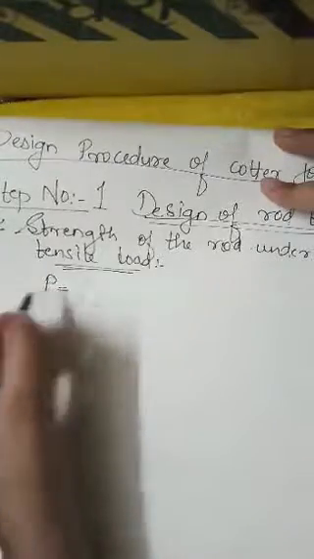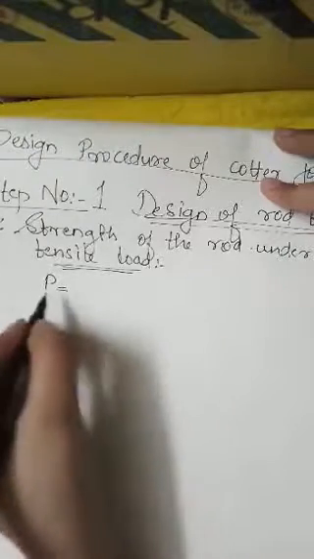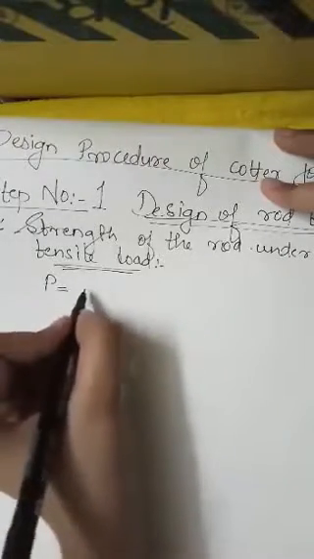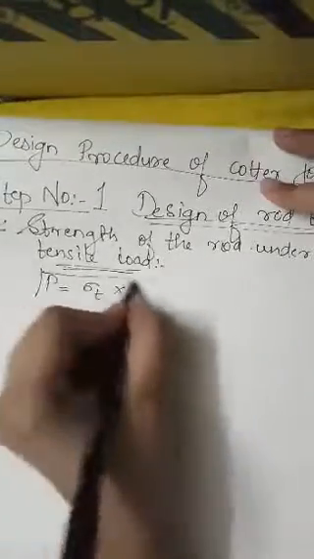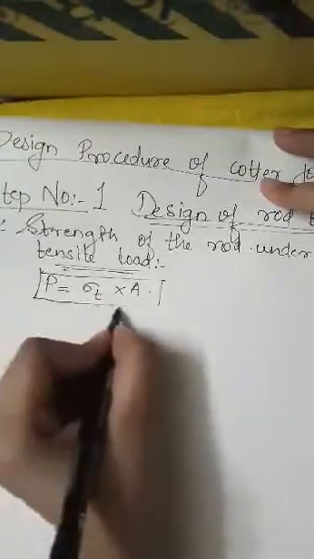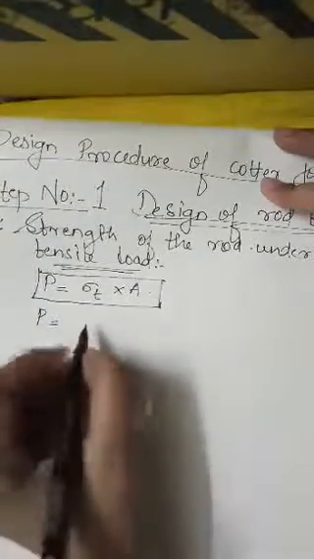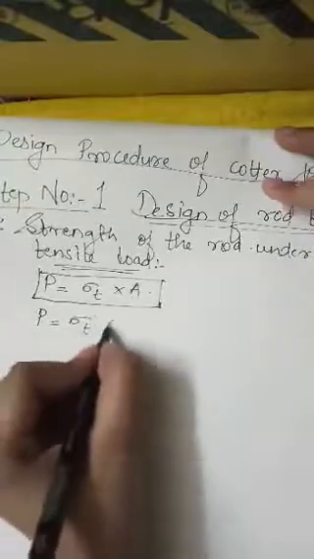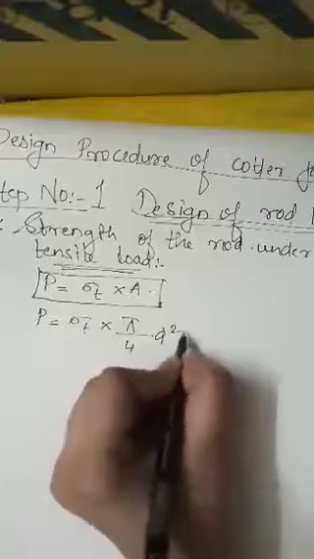We will take the well known formula for load equals stress into area. Now this is the formula we will use for almost every step. Here loading is equal to tensile stress into area, which is obviously pi by 4 into d square.